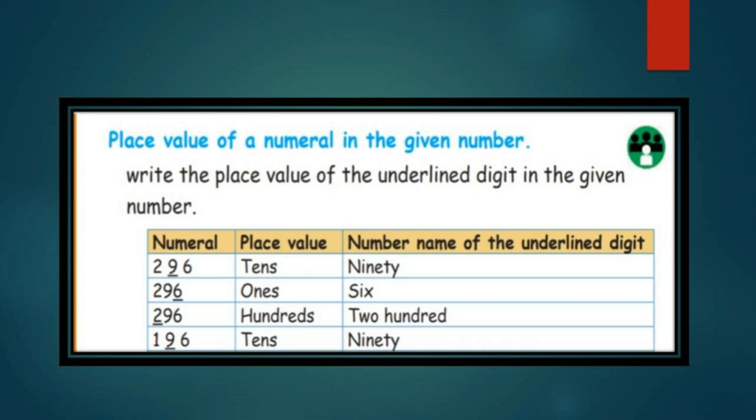Then 296. The underlying number is 2. Then 2 is in 100 place value. Then last one, 196. The underlying number is 9. Then the place value for the 9 is tens.